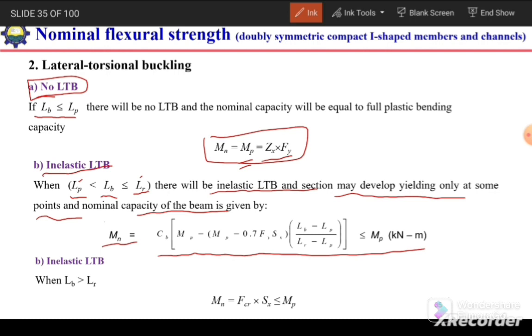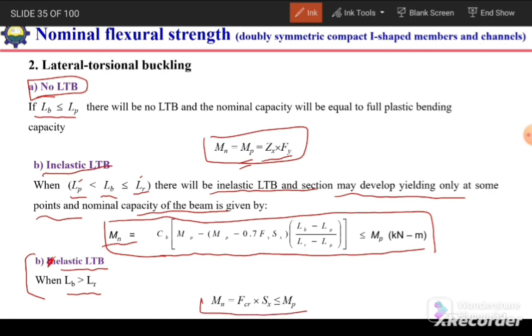Before going through how this expression is derived, I would like to proceed further: when Lb is greater than Lr, the limiting value, there will be elastic lateral torsional buckling. And in that case, the nominal flexural capacity will be equal to Fcr times Sx. Now we will see what these Lp, Lr and Fcr are.